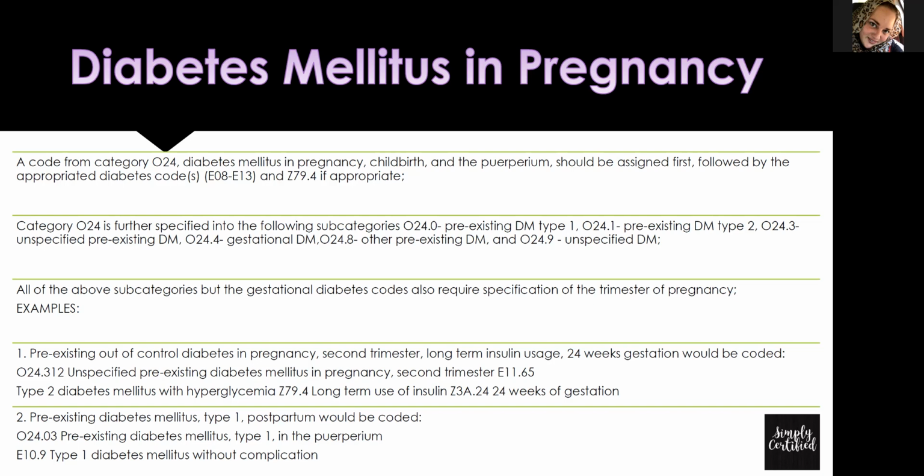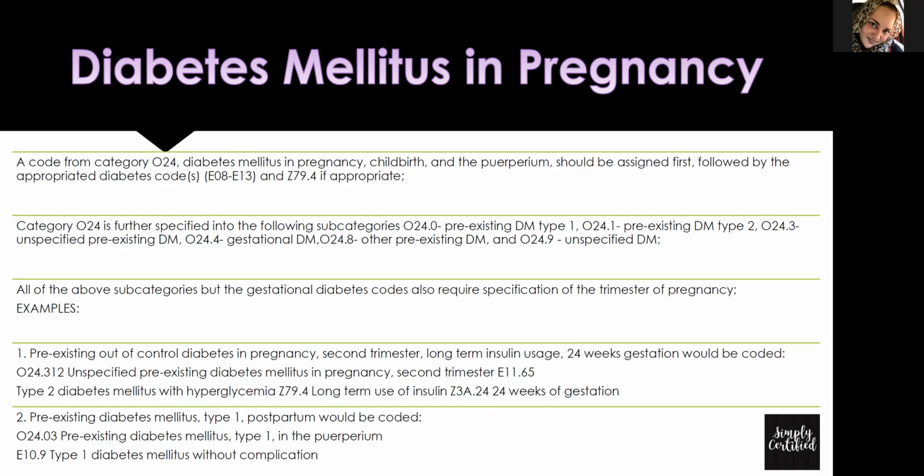In our next example, we have pre-existing diabetes, but this time it says type 1. And it's postpartum. So we would code it as O24.03, pre-existing diabetes type 1 in the puerperium, because the documentation specified postpartum, and that's what the puerperium is.